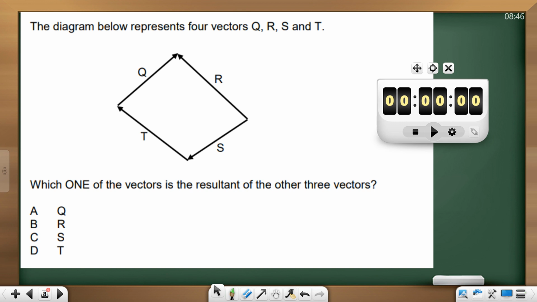A lot of people are saying R. Okay. Guys, it means you don't know how to answer a question. R is wrong. The options are A, B, C, D. So I don't understand where you guys are getting R from.